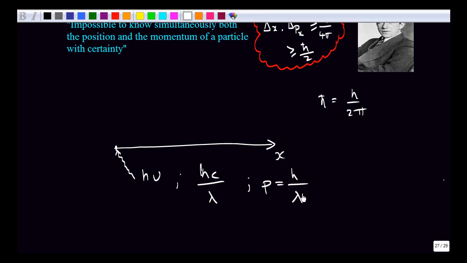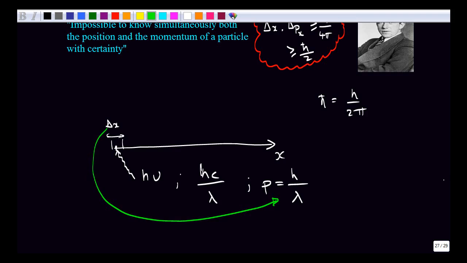So the precision that we're going to be able to measure this particle to, here along the x direction, and we'll call our precision delta x, is going to be proportional to the wavelength of our observing light. So if we want to decrease this, to make this smaller and smaller, then we're going to have to use smaller and smaller wavelength light to observe that particle.